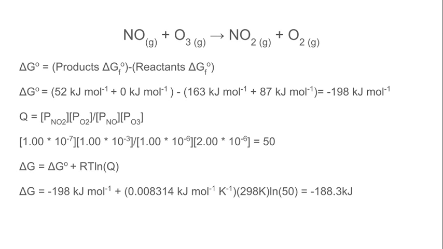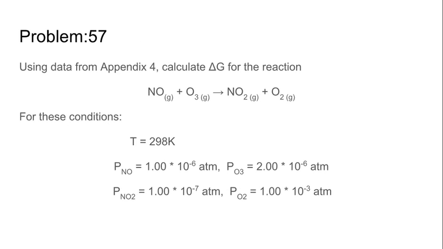Now, the Q value is kind of similar to the K value, except instead of the equilibrium values, the quotient uses basically the values we're given currently. Does that make any sense? Yeah, it makes sense.